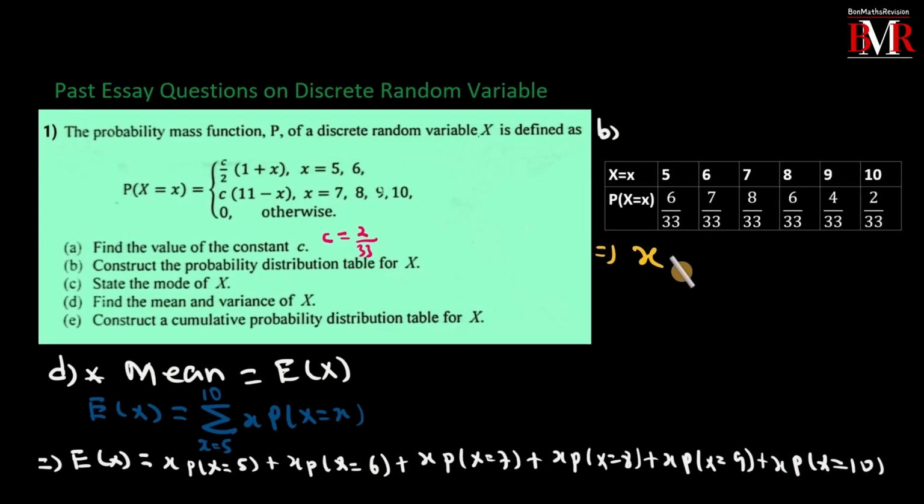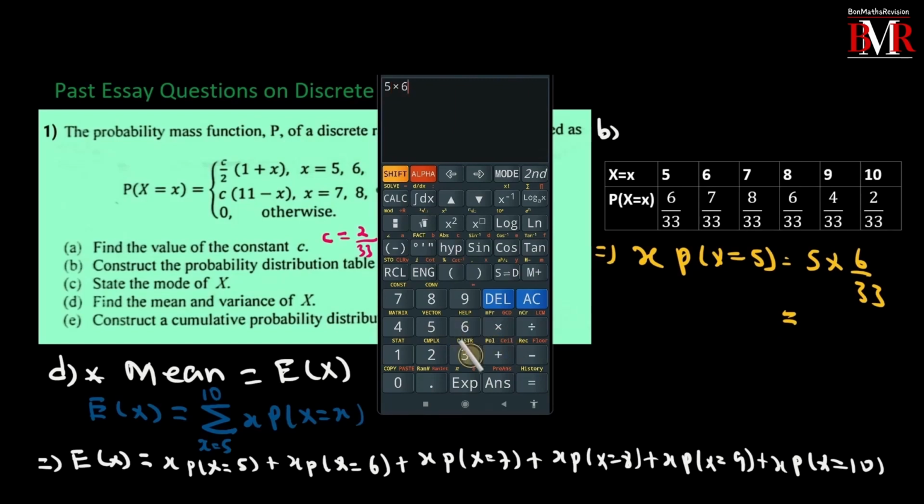That is, x times the probability of x equals 5 is equal to 5 times the probability of x equals 5, which is 6 over 33. That means 5 times 6 is 30, so it means 30 all over 33.